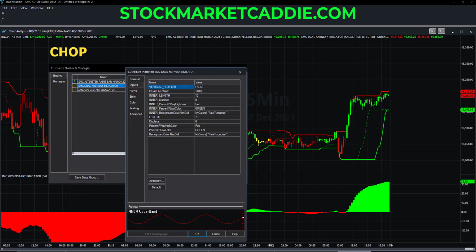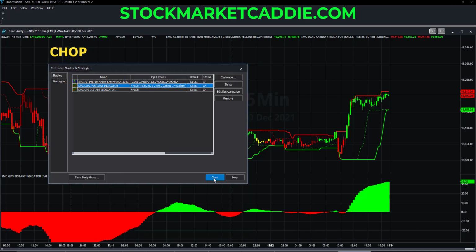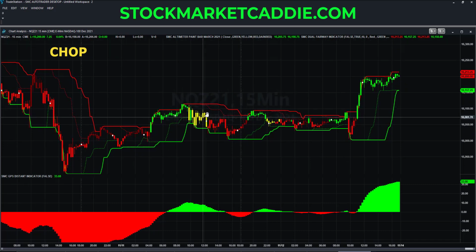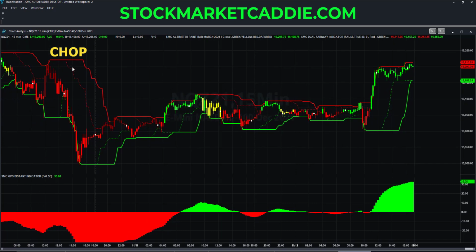We're not going to use the vertical plotter for right now. Dual fairway is set as true. You could use just one. I have the inner length set at 10, and I have the outer length set at 20. It's a look back. This is the bright red here is the outer, looking back some 20 here. And then the inner looks back 10.